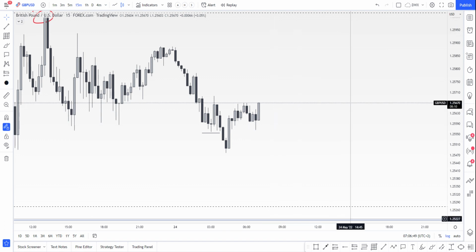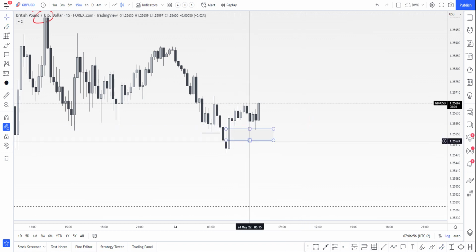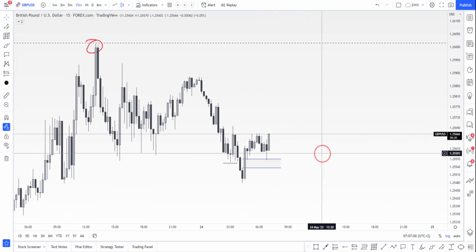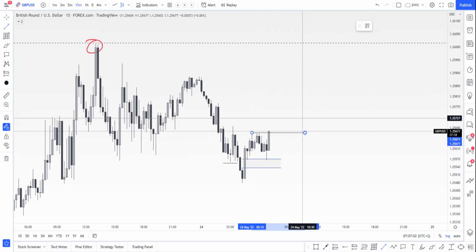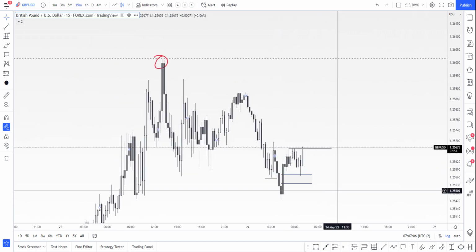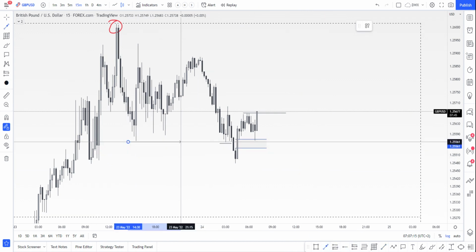So for now, I'm just going to be patient. I'm just going to be mindful that price is reacting off of this imbalance over there. And if this breaks structure, strongly breaks structure like it looks like it's going to do, then maybe this was the sweep on liquidity of these lows towards the left. Let's just mark that out as the sell side liquidity.